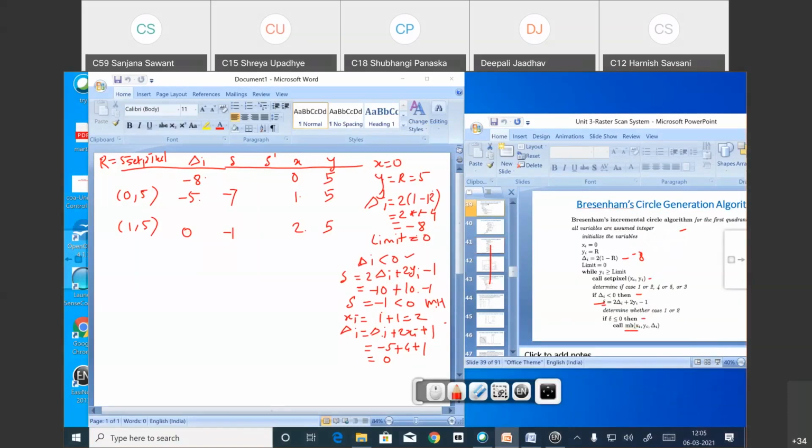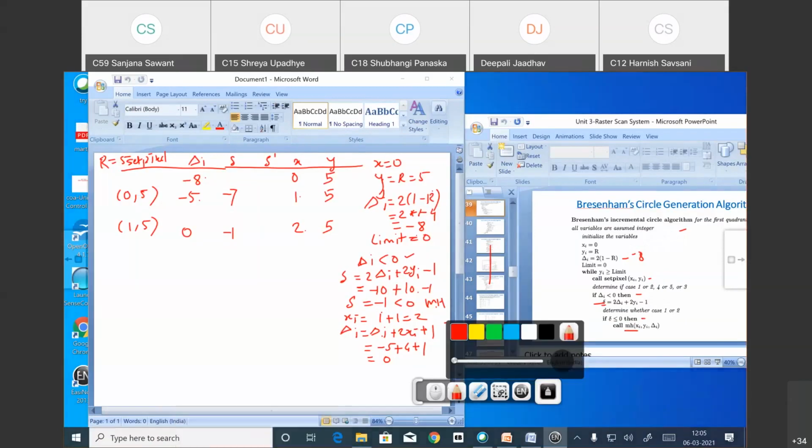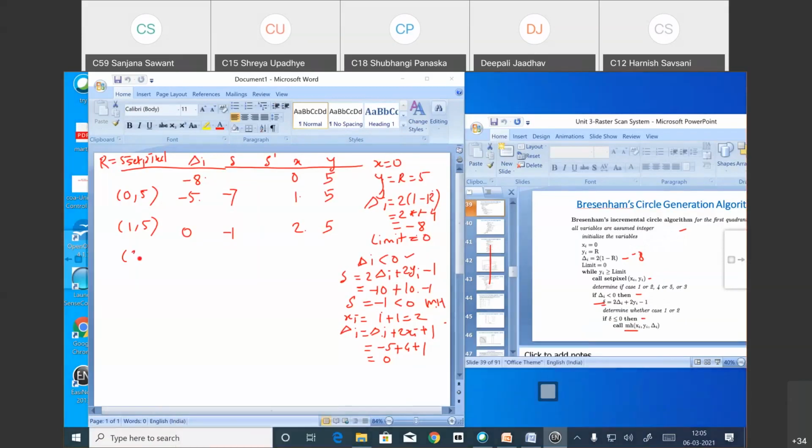Then whether y is greater than the limit, as it is greater than the limit, set pixel xi yi 2, 5. Next, after set pixel, determine the value of delta I. Now delta I is equal to 0.